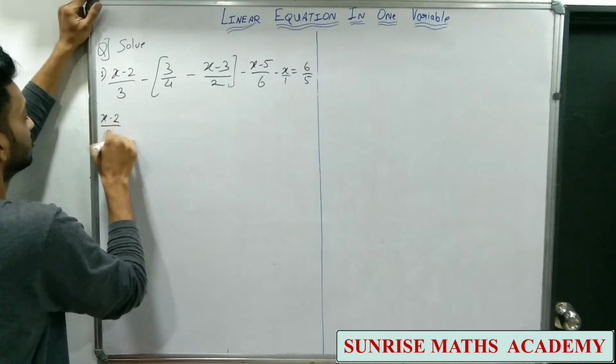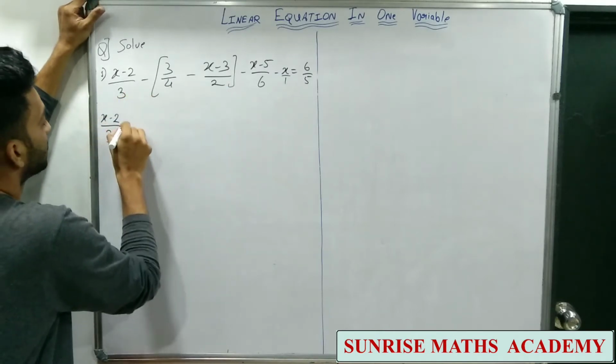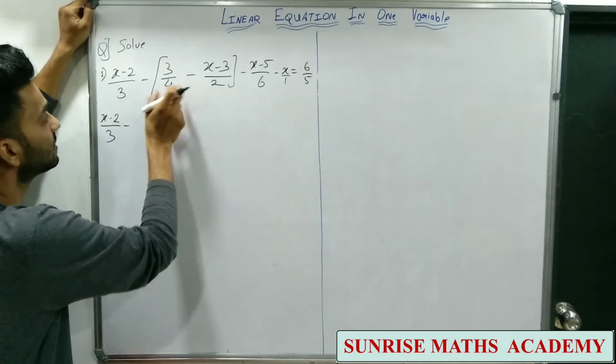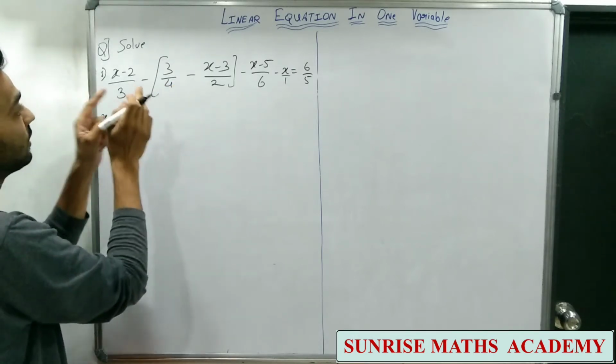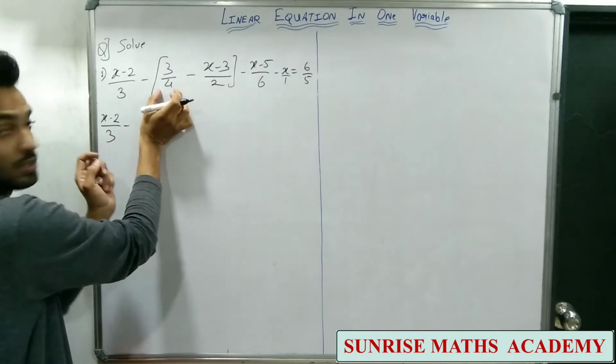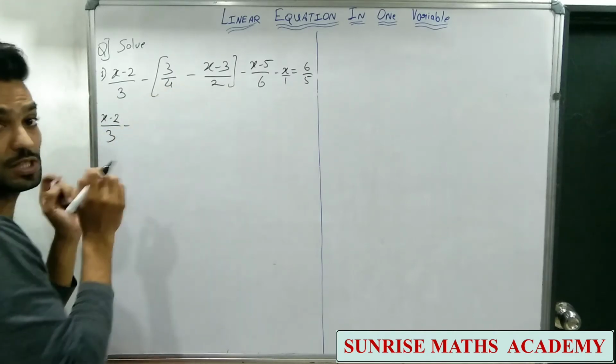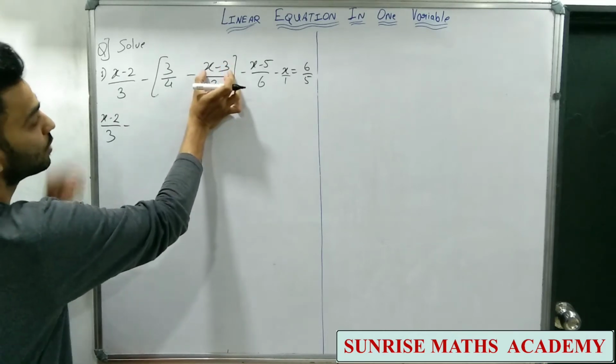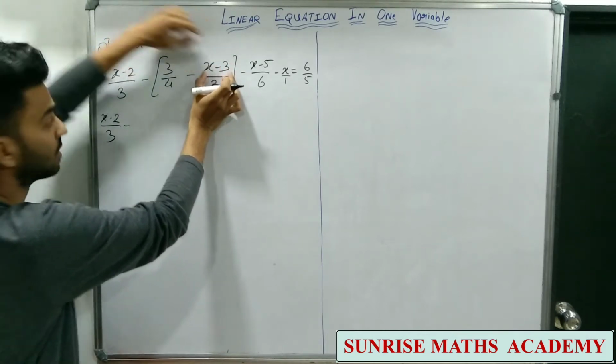So what I am doing here is, first I am opening this bracket. Outside the bracket a negative sign is there, so inside, both the signs, meaning the sign of each term, will change. This is one term, this is another term, so the signs of these two terms will change. This is positive, this complete is negative. We are not going to touch the sign in this.